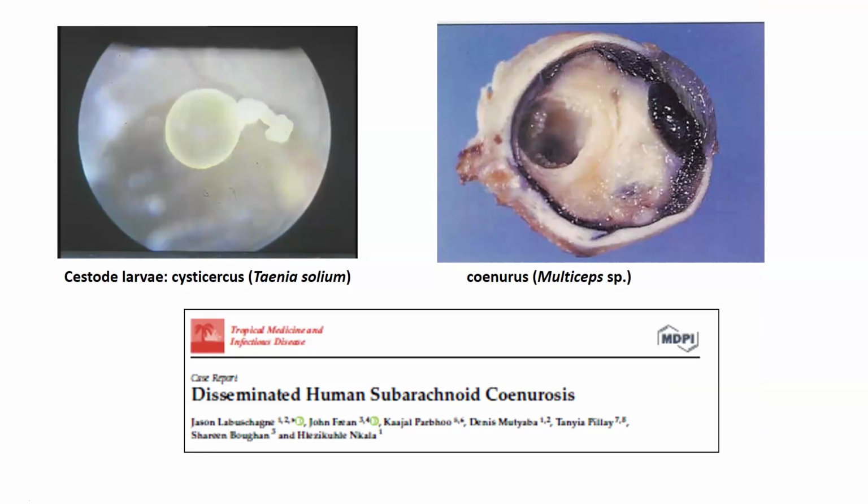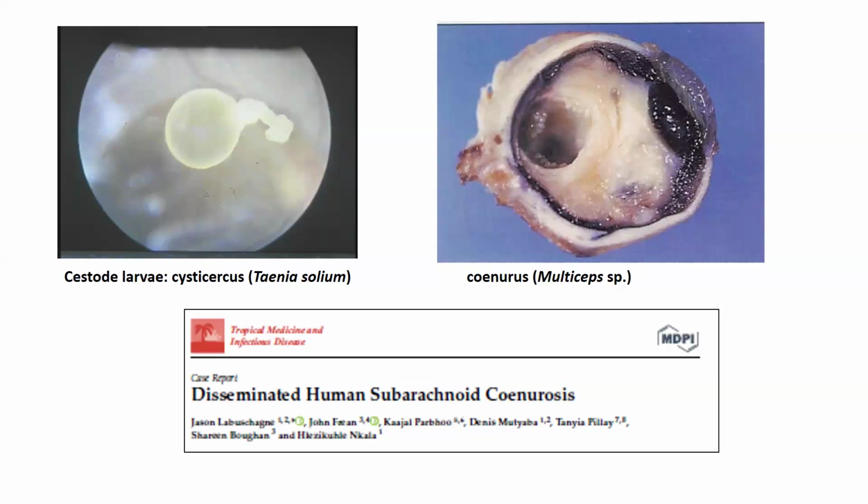What we haven't seen more of, actually, which is interesting, is cestodes. So these are tapeworm larvae. Taenia solium cysticercosis of the eye is well described, but we've never had a case. So these aren't our photos. These are published ones.